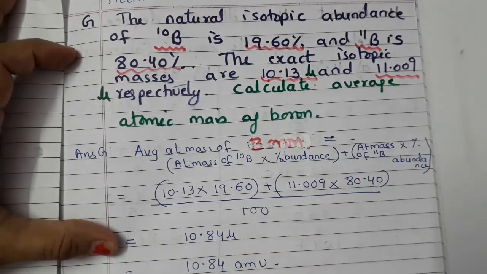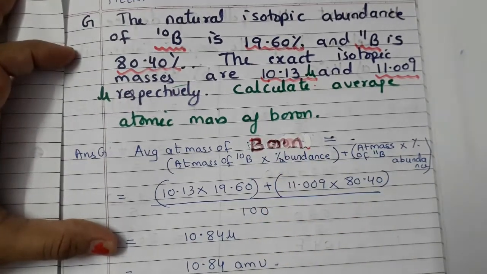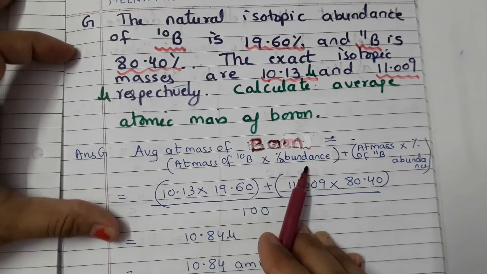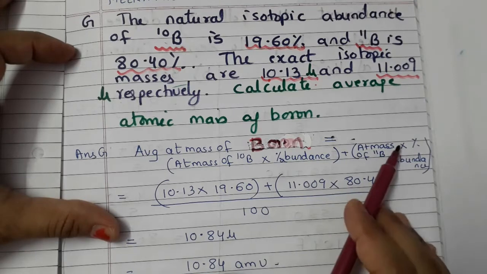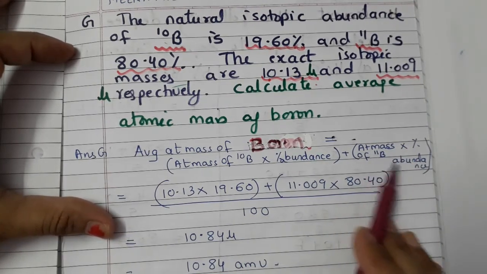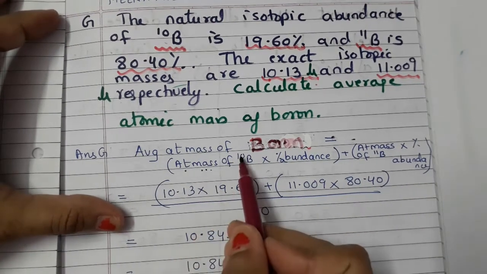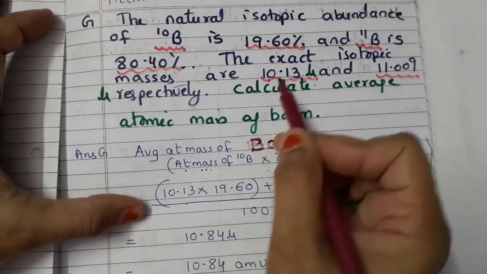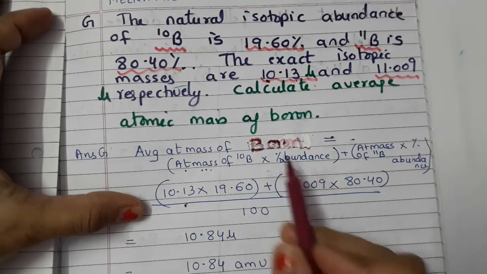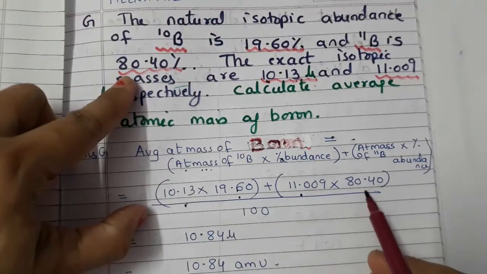I would write here. It's not clearly visible. Average atomic mass of boron would be atomic mass of 10 boron into percentage abundance, plus atomic mass of 11 boron into percentage abundance of the 11 boron in nature. Students, atomic mass of 10 boron is 10.13, and I write 11.009 over here, and the ratio of the abundance I write 9.60 here and 80.40 here.